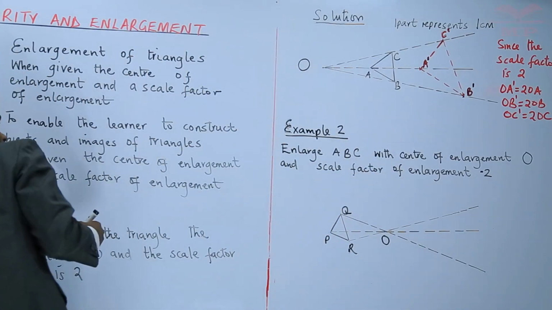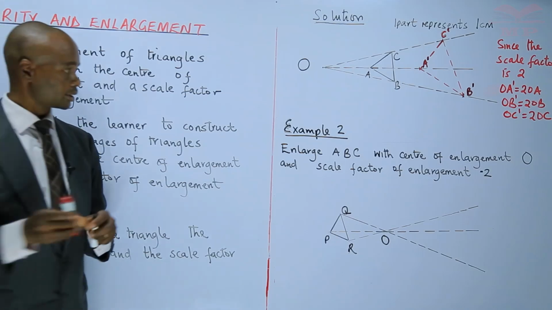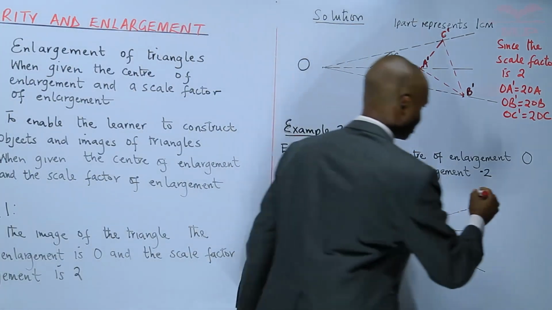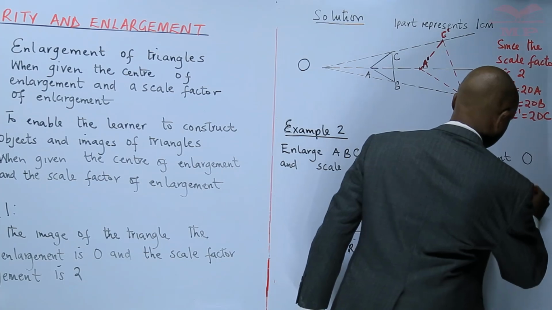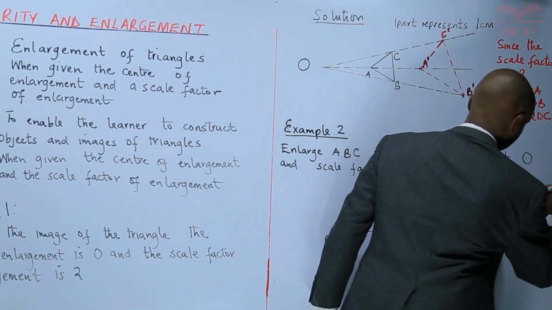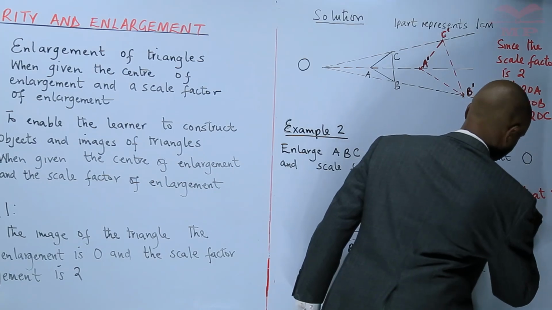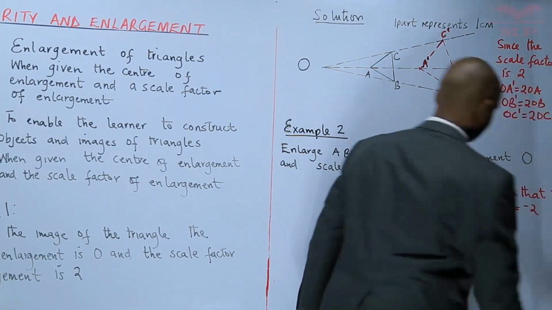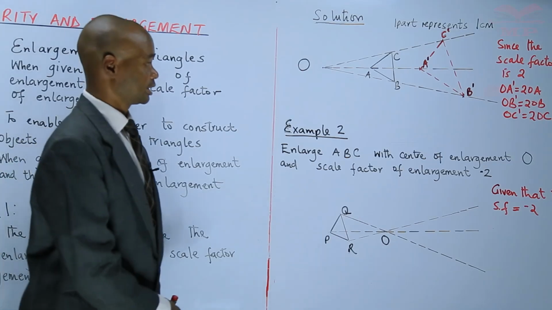Now, you'll reason also, given that the scale factor is equal to -2. There is something that will happen about those distances.